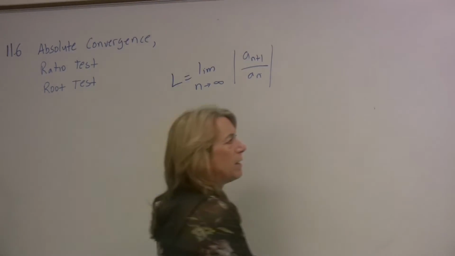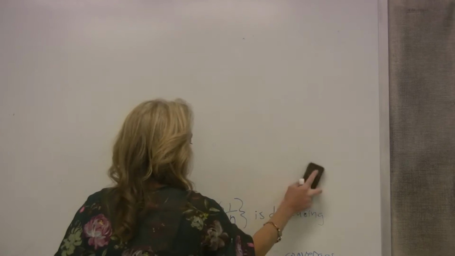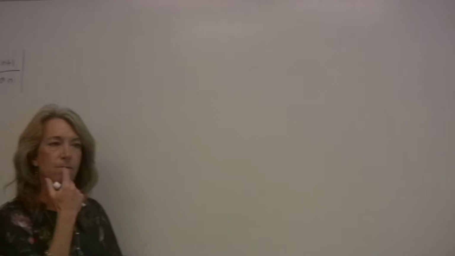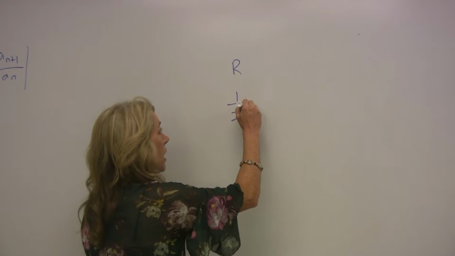Let me remind you about geometric series before we go on with what this tells us. Could someone give me an example of a convergent geometric series? 1 over 2 to the n.